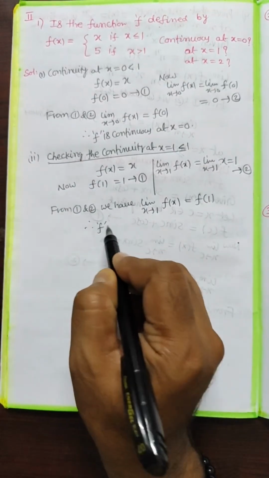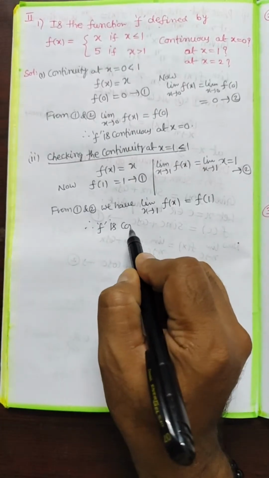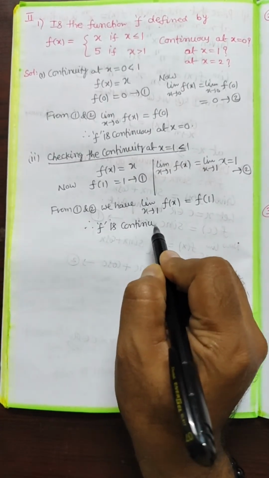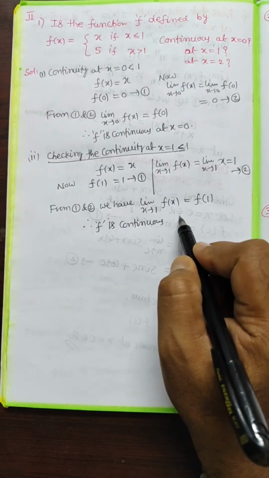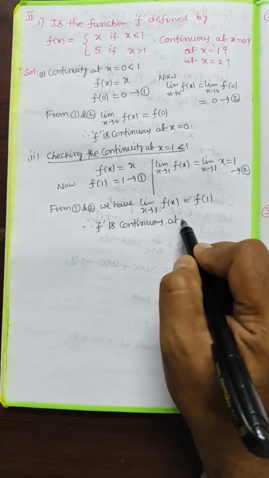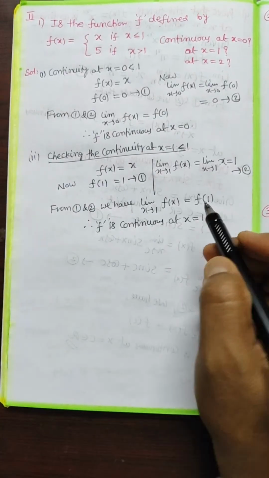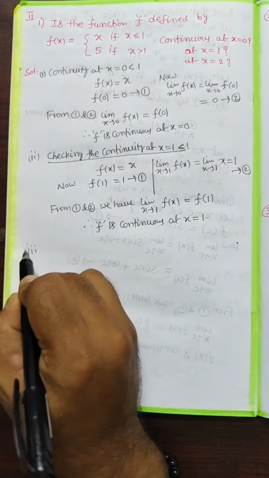Therefore, f is continuous at x equal to 1. Now checking the continuity at x equal to 2.